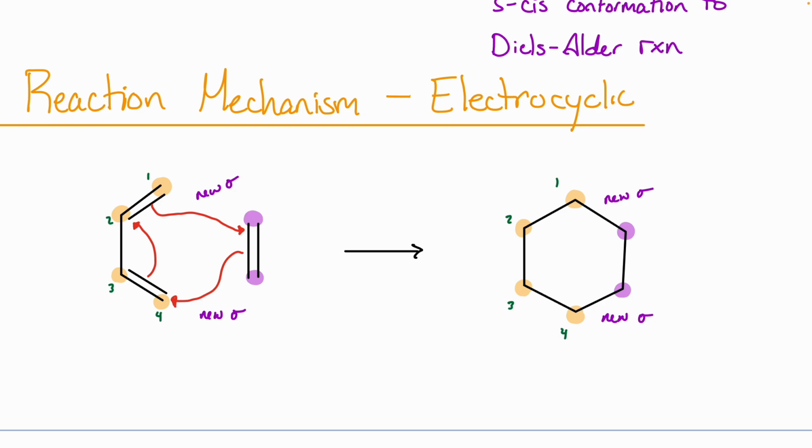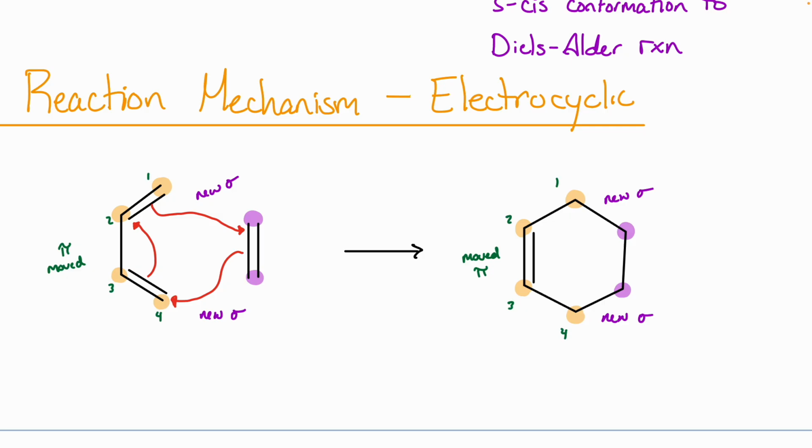But importantly, I'm missing one more thing here, which is that last arrow. This corresponds to a pi bond that has moved. Used to be between carbons 3 and 4, and now will be between carbons 2 and 3. And again, this is going to be the common feature that you'll see for all of your Diels-Alder reactions.